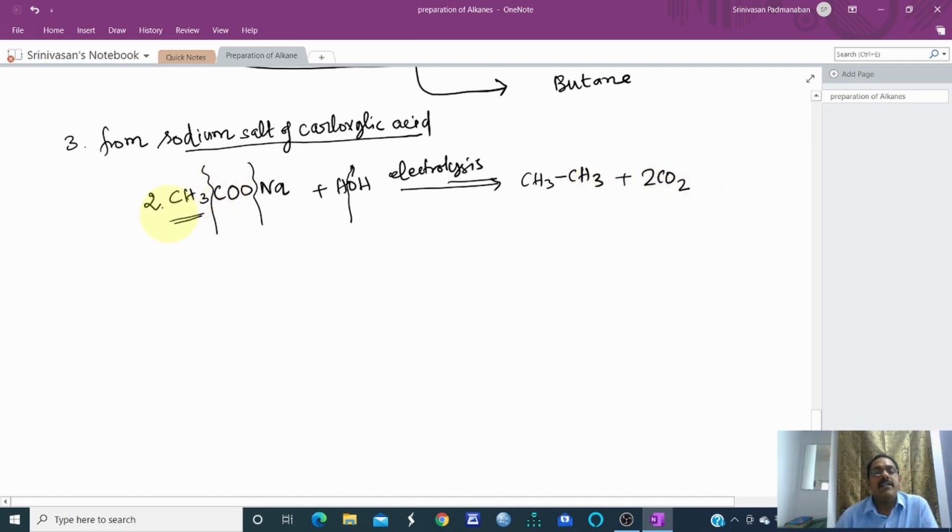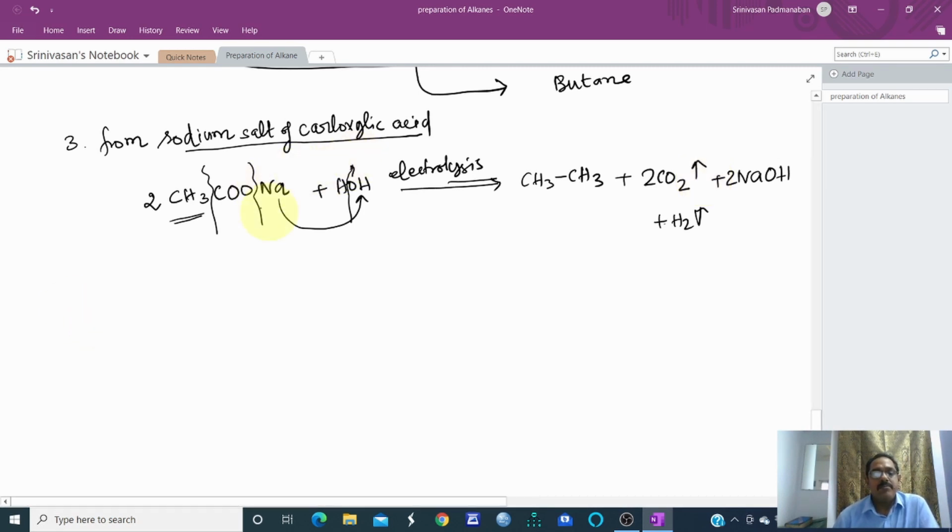Since we have taken the coefficient as 2, 2 carbon dioxide will be formed. This NaOH is a base. Since there are 2 and we have to put 2, we are left with hydrogen only, and that will be getting evolved. So we will be having two gases which will be evolved. One is carbon dioxide, the other one is hydrogen. This is how we prepare alkane from sodium salt of carboxylic acid.